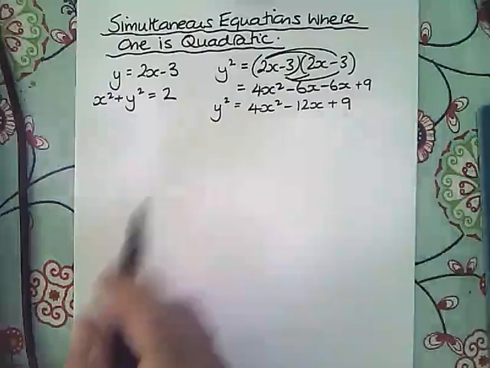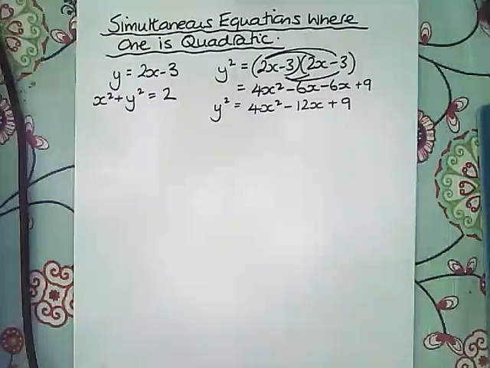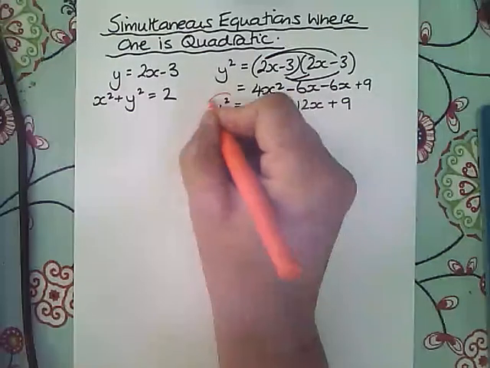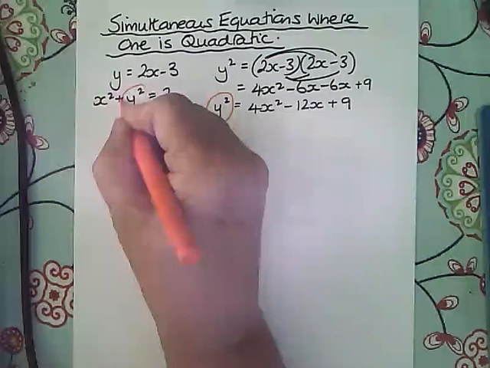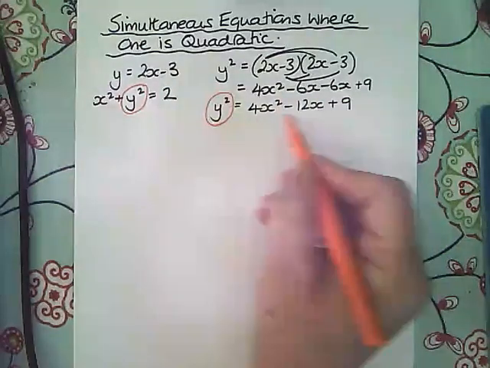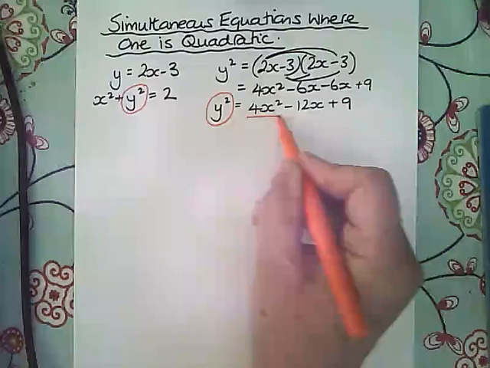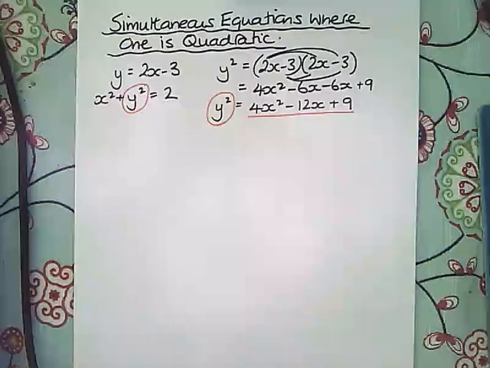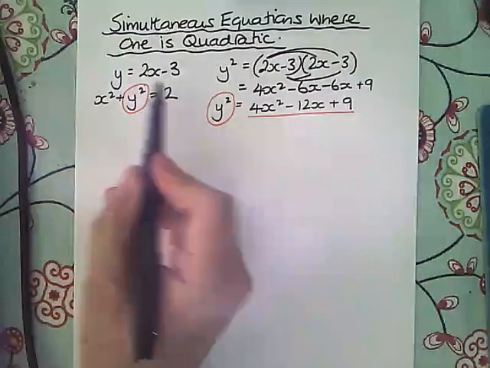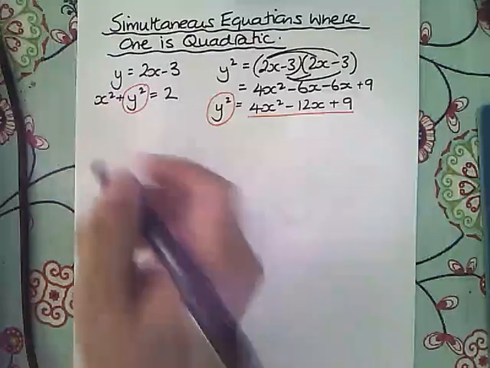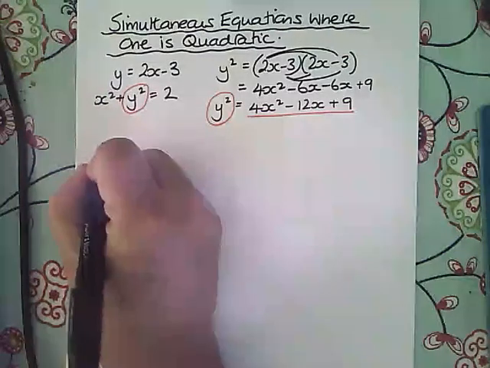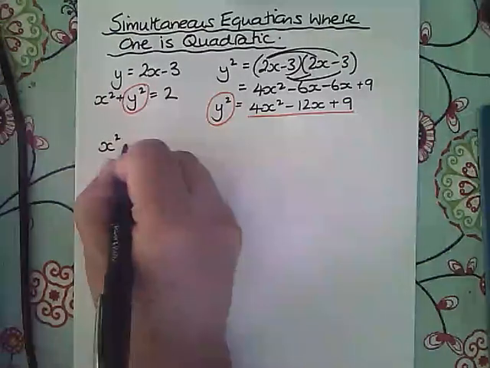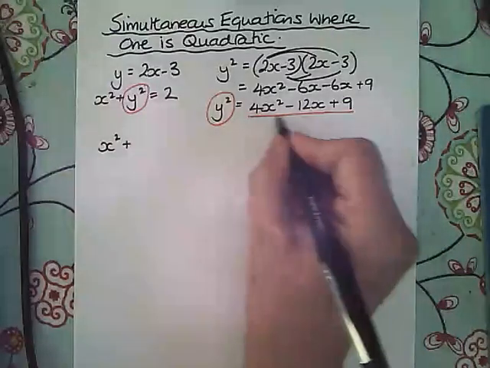So we can do a direct substitution between this y squared and this y squared. We're going to put this instead of y squared in the quadratic, one of the simultaneous equations. So we've got the x squared on its own first of all, and then we're going to add y squared, but it's this value of y squared.